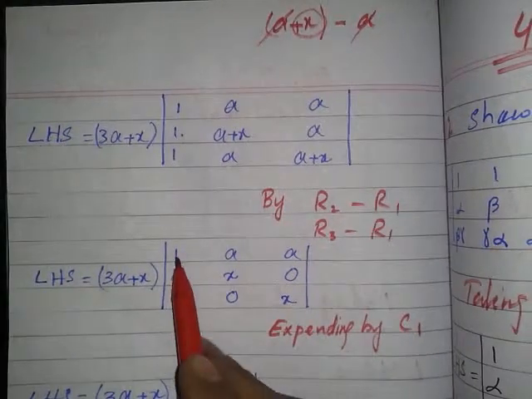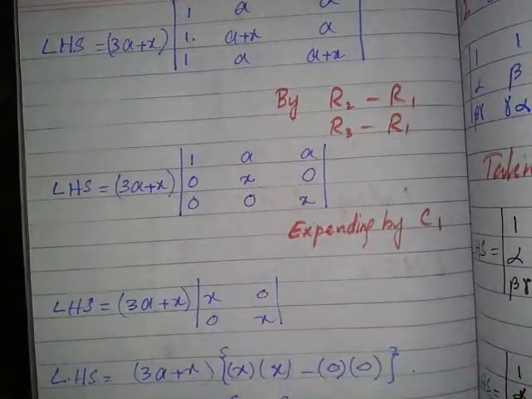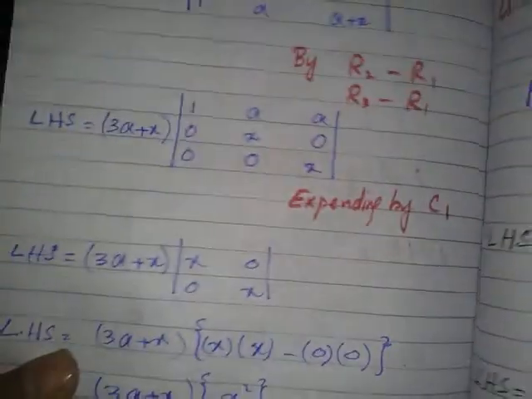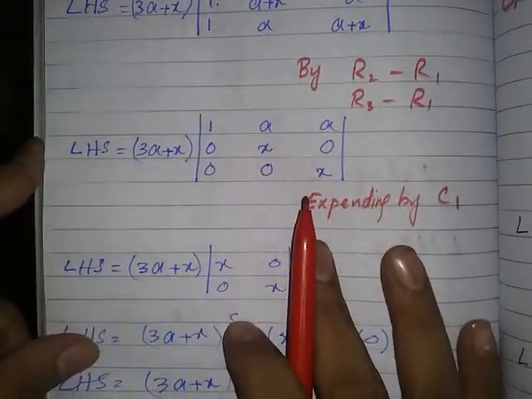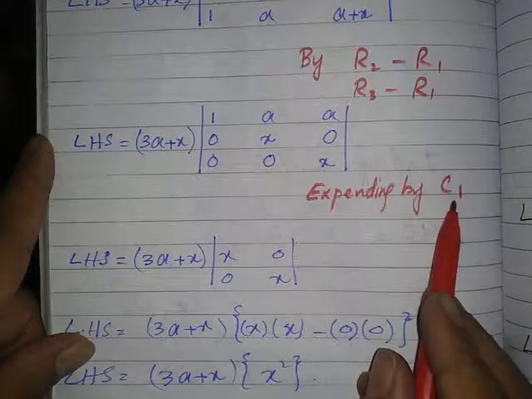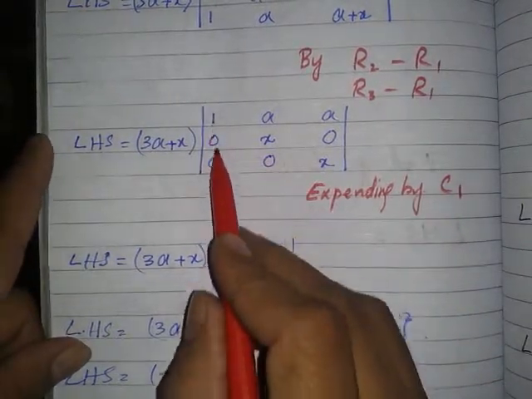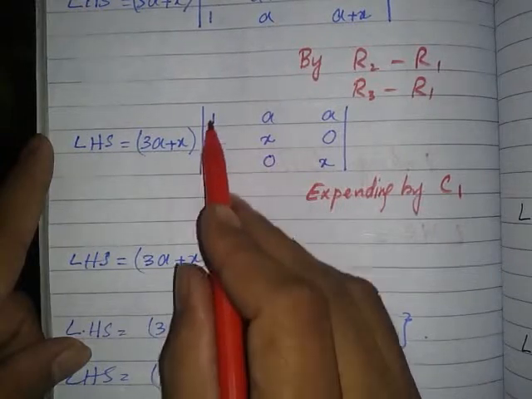We get here 1 0 0, and whenever this condition occurs, we shall use another property, which is expanding by C1. Why are we expanding by C1? Because in column 1 we are having 1 0 0.